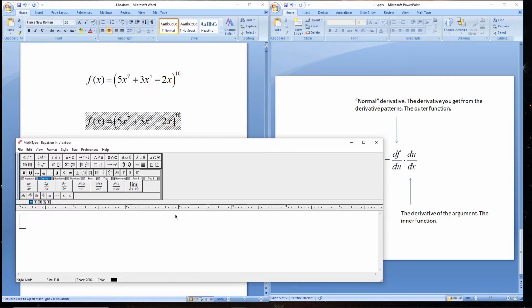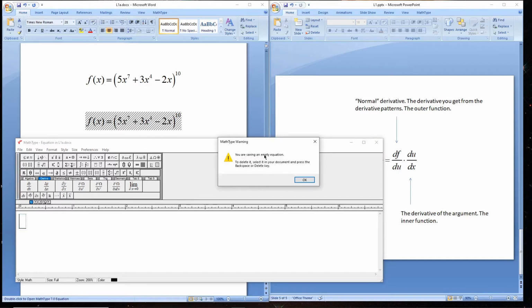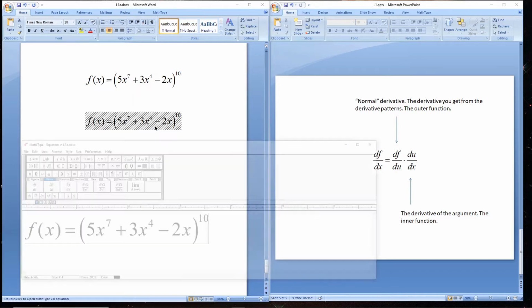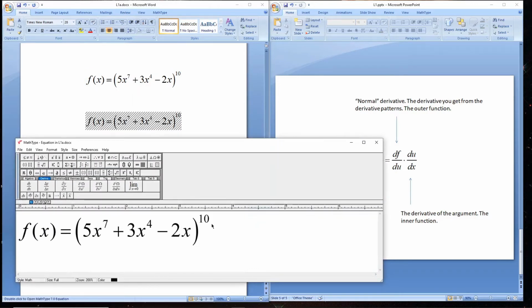And let me backtrack a second here. Let me just make this clear. This is what I'm saying by df du, the normal derivative. What we're saying here is all of this we're going to call u.